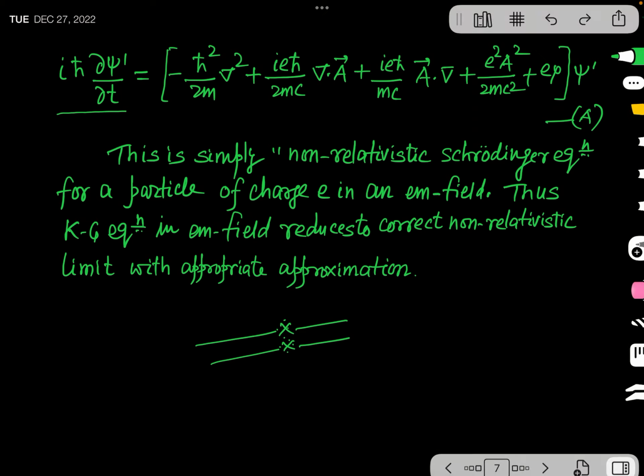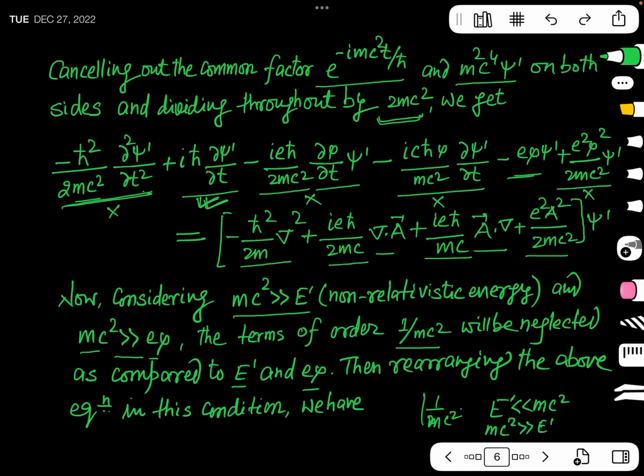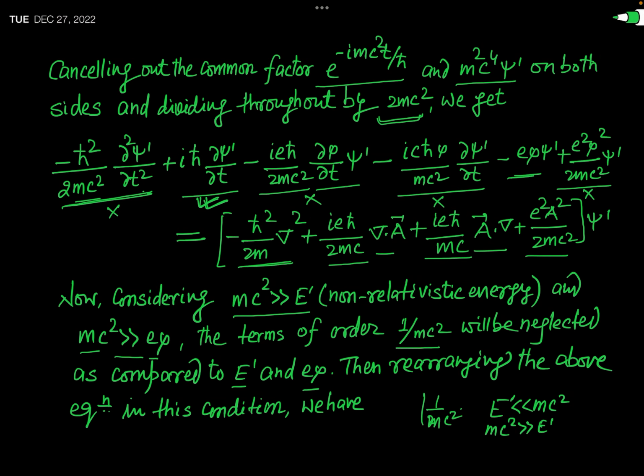Okay, and here you can see in RHS the term is minus h bar square over 2m del square, and this term i e h bar over 2mc del dot a plus i e h bar over mc a dot del, and this term contains again mc square in denominator, so this will be neglected.